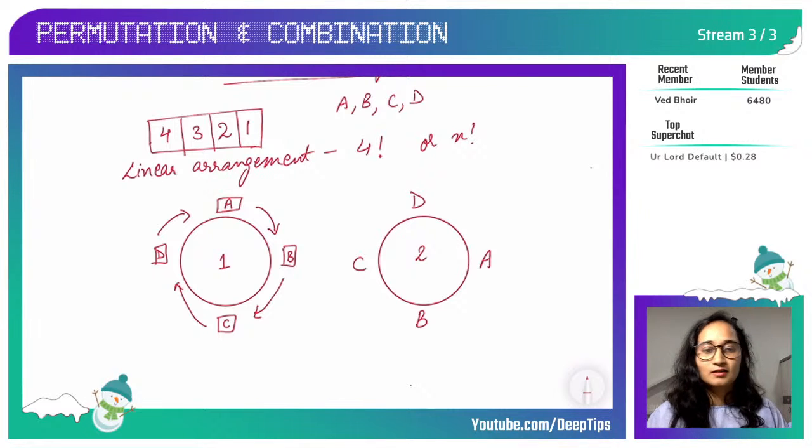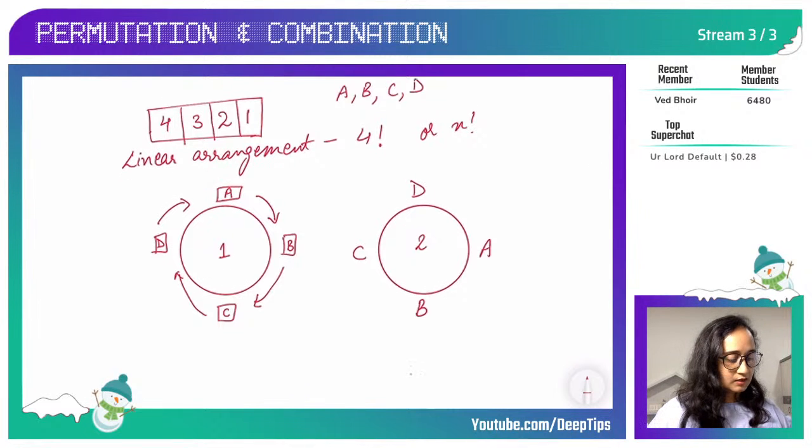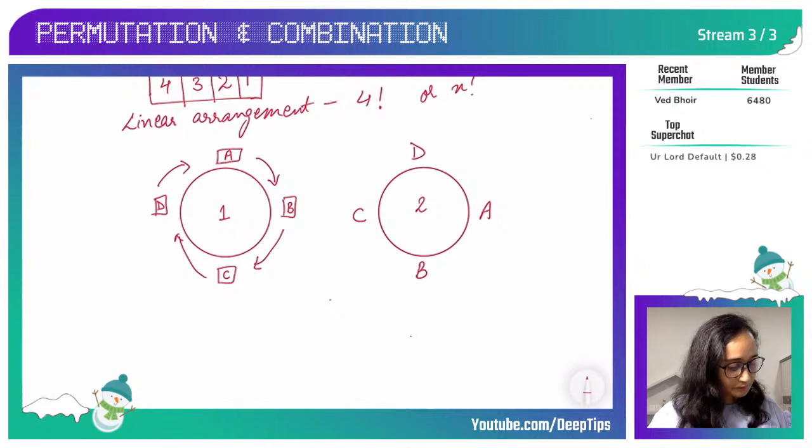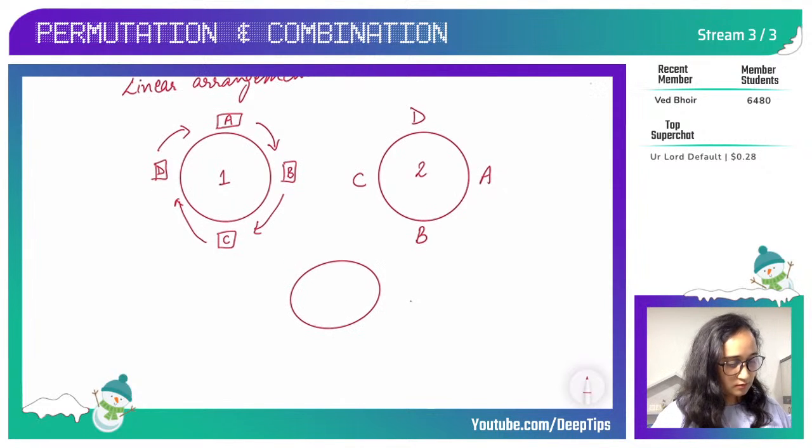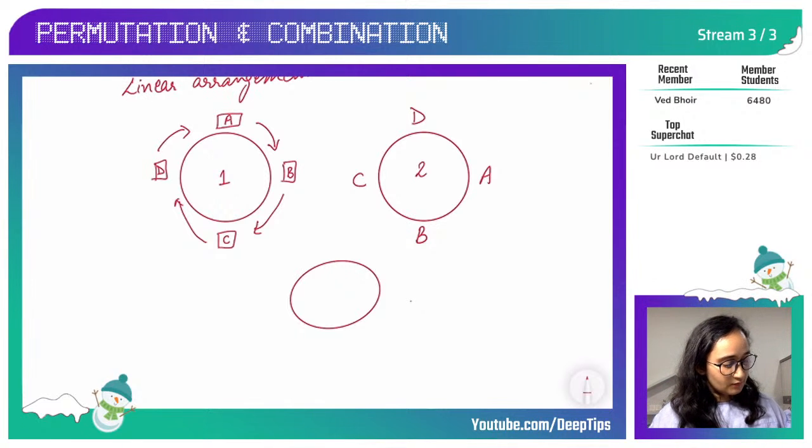So there is no difference at all. If I again make another circle. Okay, it's oval. So it's more like an oval, and I again shift the place. Fine, I shift this A here, so B moves here, and C here, and D here. Now this is my third arrangement.